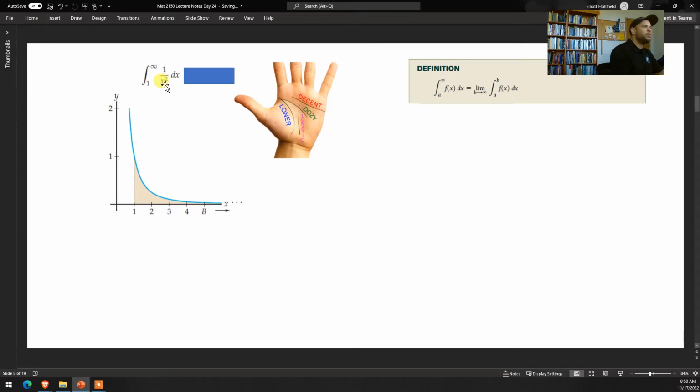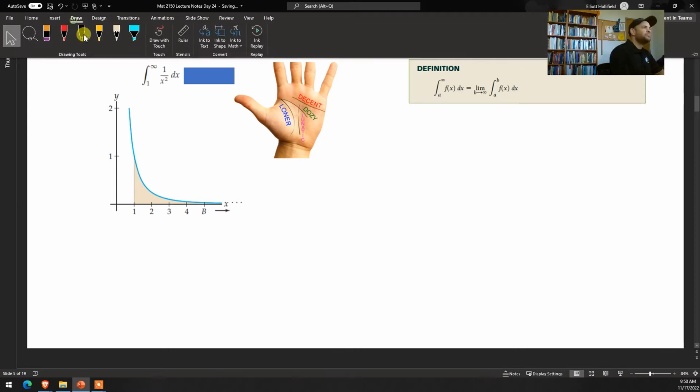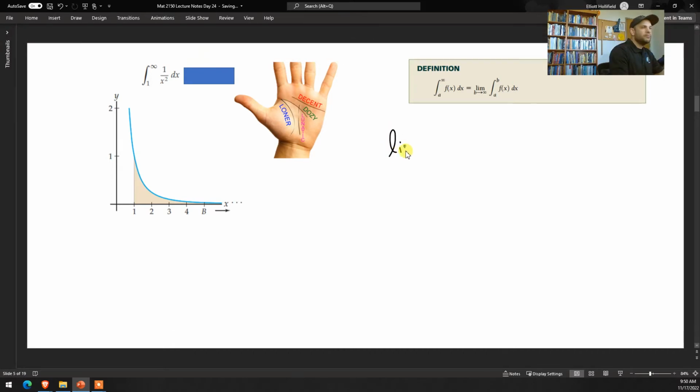Now let's increase the power again to 2, and let's see if we get a convergent integral this time. Step 1, let's rewrite our integral as the limit as b goes to infinity of the integral from 1 to b of x raised to the negative 2.